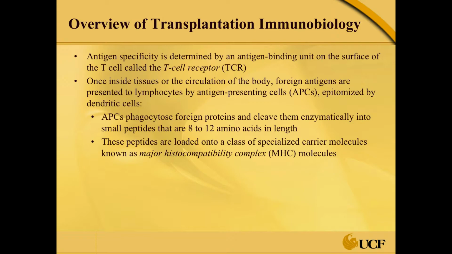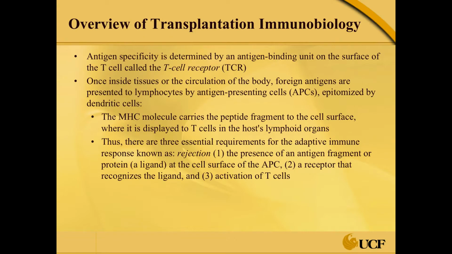Those peptides are then loaded onto a class of specialized carrier molecules called MHCs. This MHC molecule stands for major histocompatibility complex. So we go from a phagocytosed foreign protein on the APC, basically then loaded onto the MHC, which then carries the peptide fragment to the cell surface where it is displayed to the T cell in the host's lymphoid organs.